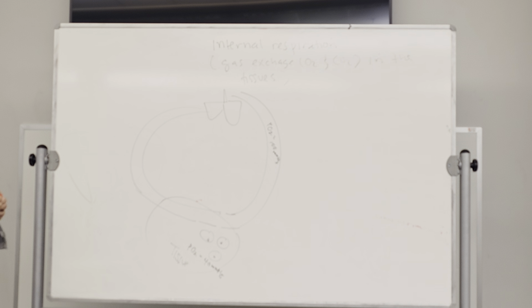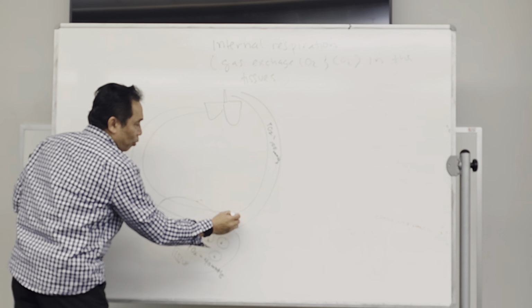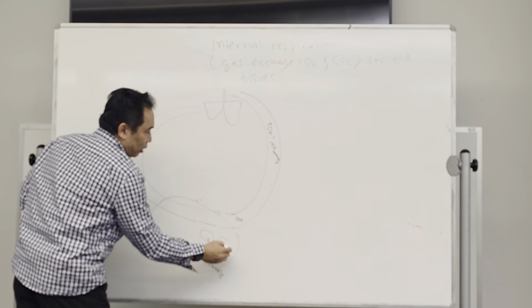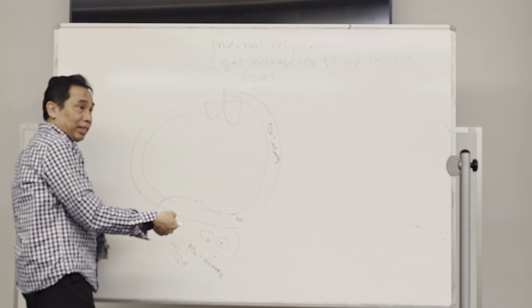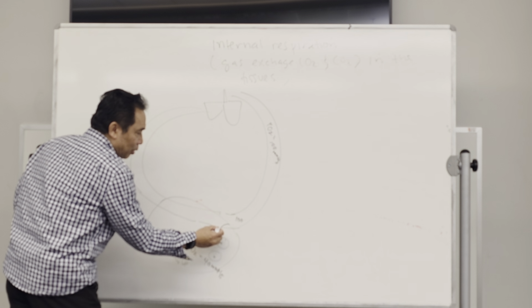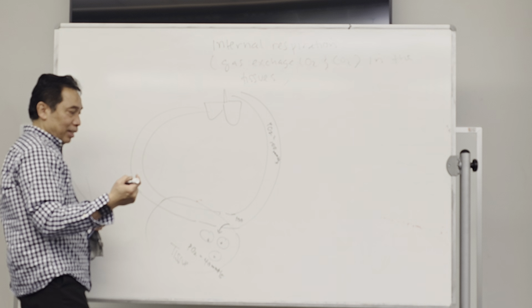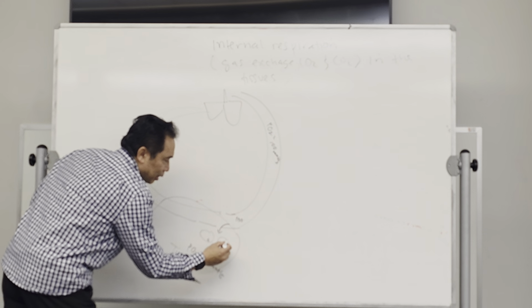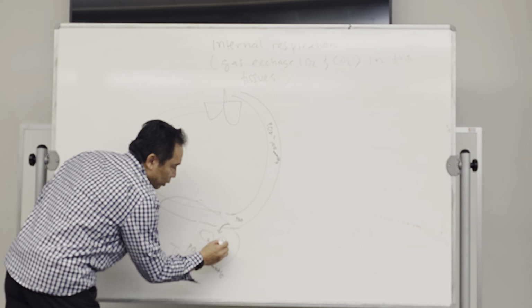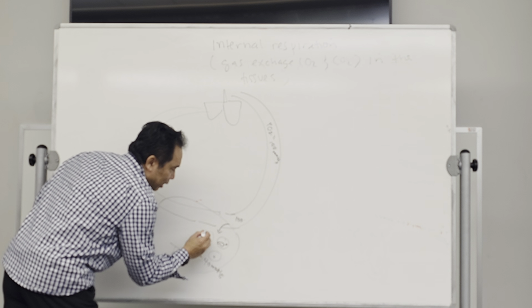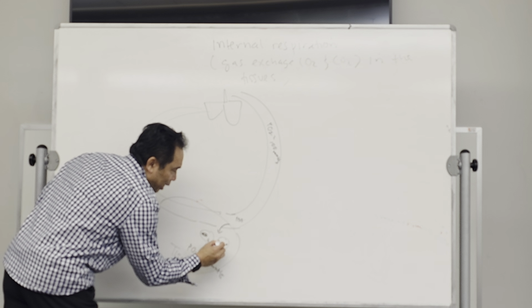Okay, so what does that mean? It means that you have 100 over here and you only have 40 in the tissue. It means that the oxygen will go to the tissue, to the cell. Inside the cell, the oxygen will be used by an organelle called the mitochondria.